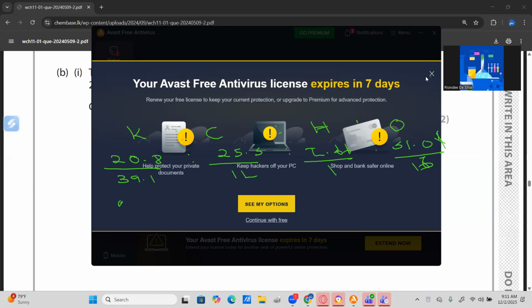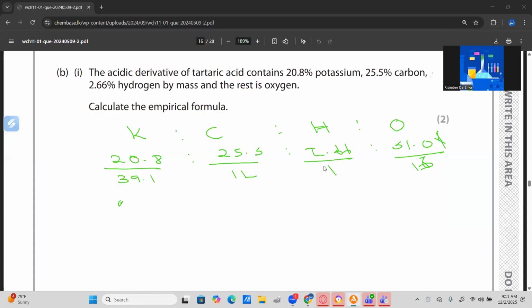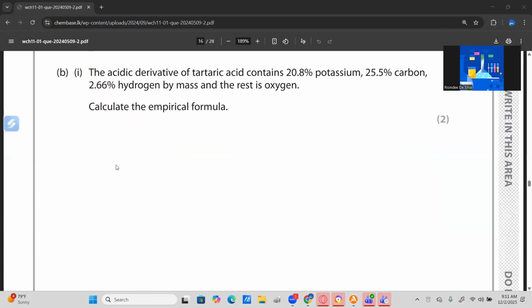Then you get the empirical formula as KC4H5O6.